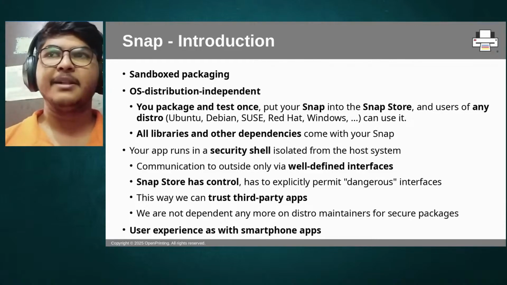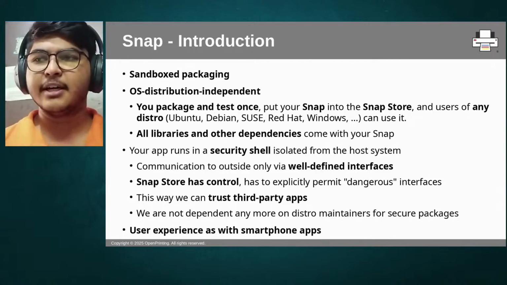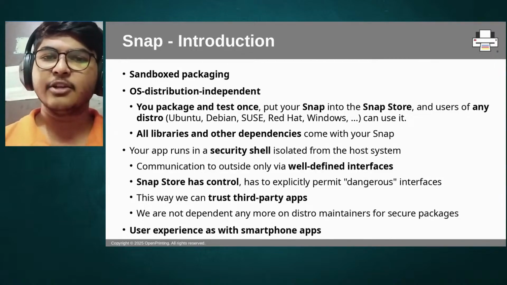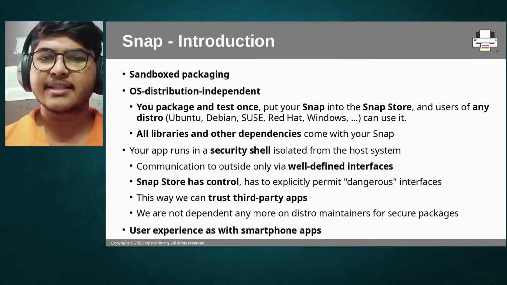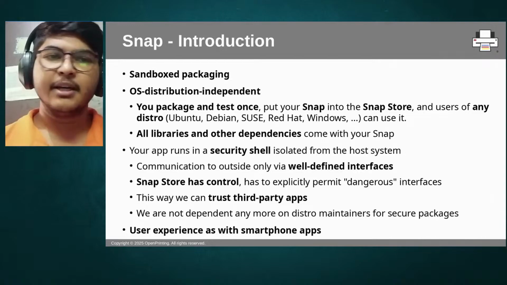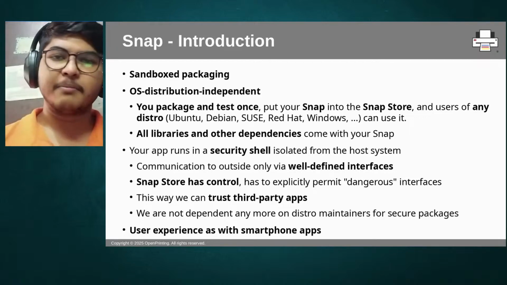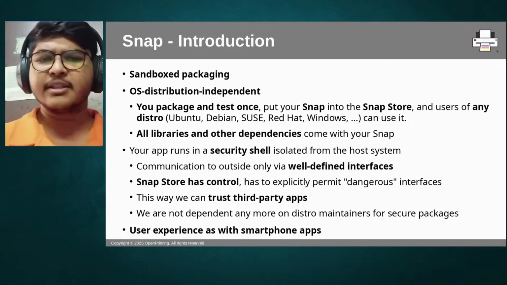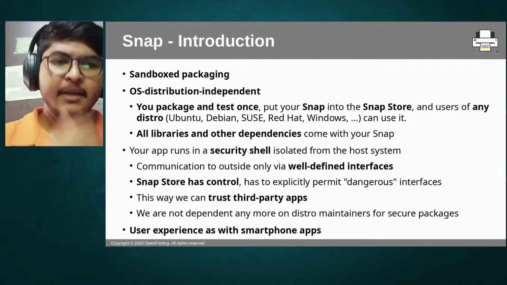For example, a recent introduction which I fixed for the KDE snaps was to be able to read the kdeglobals file in .config. That's given access by the desktop plug. The GTK related files, the dconf related files, all these accesses are given by the desktop plug. That's how these plugs, or these interfaces, are defined within Snapd.